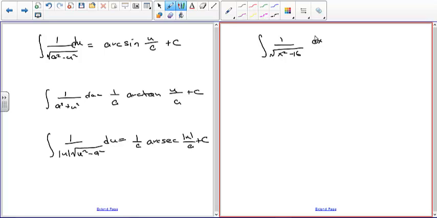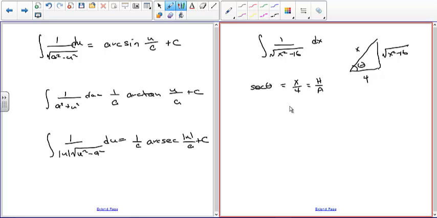So because I have x squared minus 16, that means that the substitution I'm going to use is the secant of theta equals x over 4. And I draw my triangle. And the secant is the hypotenuse over the adjacent. So this is x, this is 4, hence the third side is the square root of x squared minus 16. That's theta.